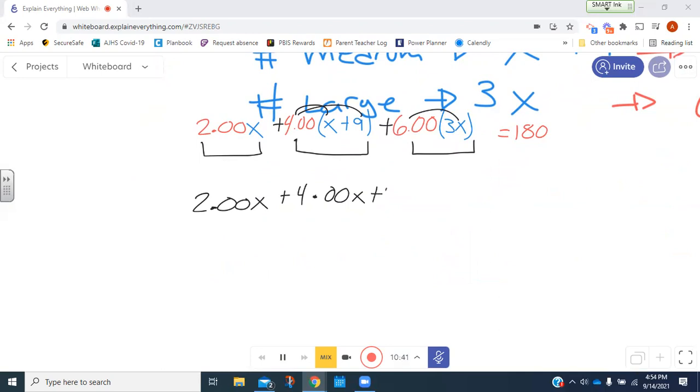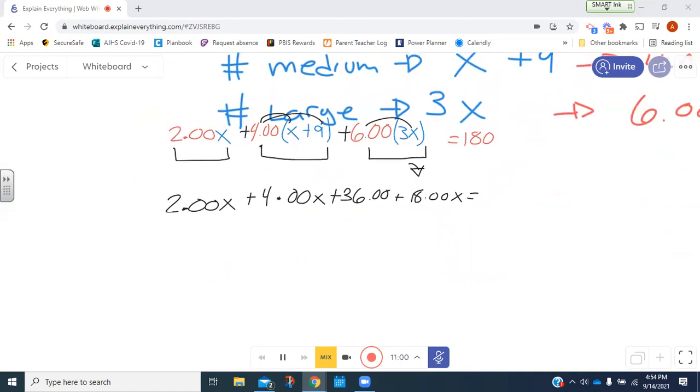Well, 4 times 9 is 36, so this is plus $36. And again, here on the right, we have plus 6 times 3x, so 18x, right? And again, this whole thing needs to be equal to 180.